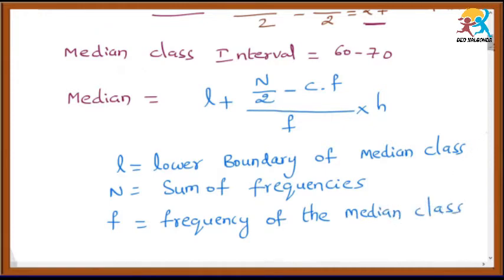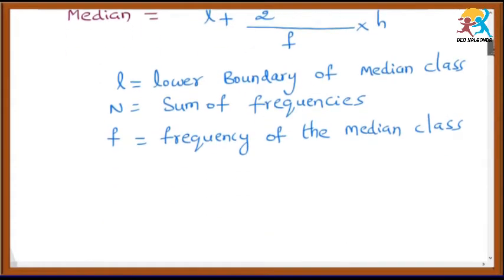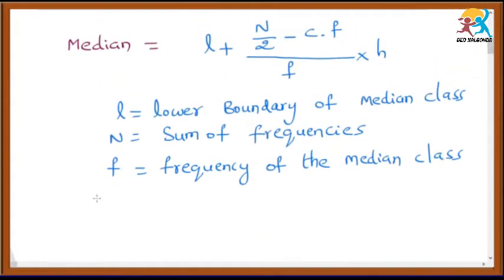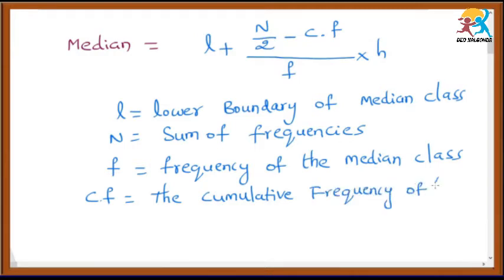And what is Cf? Cf means cumulative frequency. What is cumulative frequency? Cumulative frequency is the cumulative frequency of the preceding class of the median class.